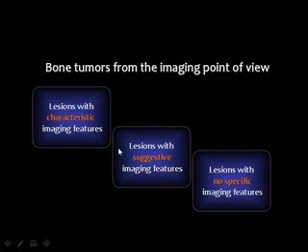Then another group of lesions where you can suspect the diagnosis, and the diagnosis is confirmed by another imaging modality or by biopsy. Then this group of lesions, you cannot suspect the tumor, but you only say this is benign or malignant. In this group of patients, you go directly for the biopsy to solve the problem.